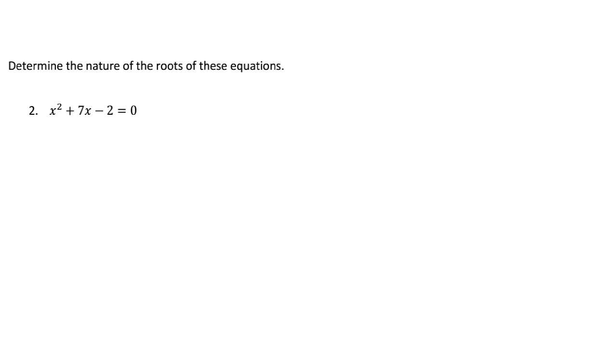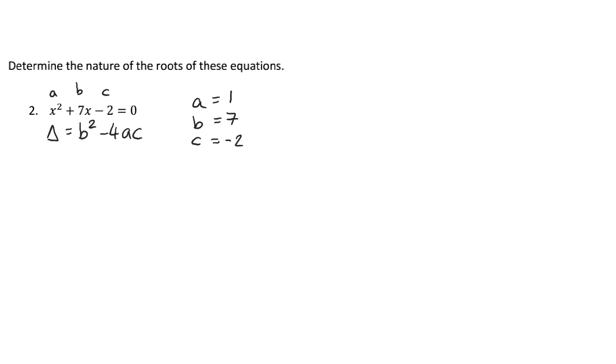Okay, let's look at the second one then. So same idea again. I've got determine the nature of the roots of this equation. So that's setting off the wee trigger in my head. I know that I'm going to be using the discriminant, and I need to find my values for a, b, and c. So this time a is going to be 1 because I've got x squared, b is going to be 7, and c is going to be negative 2.